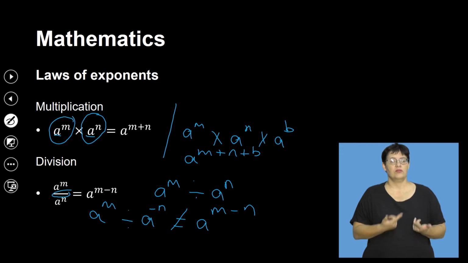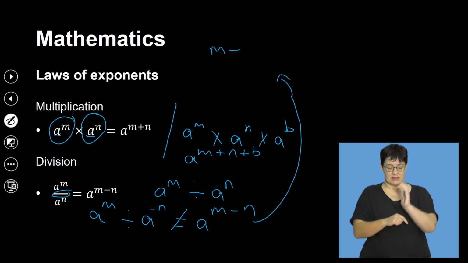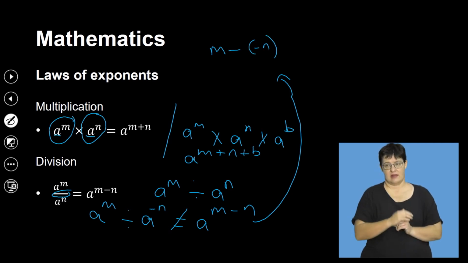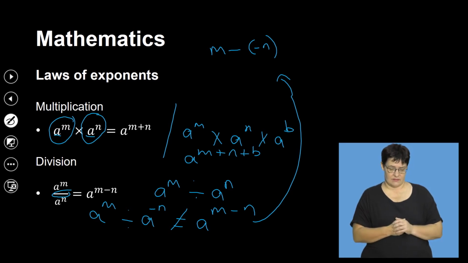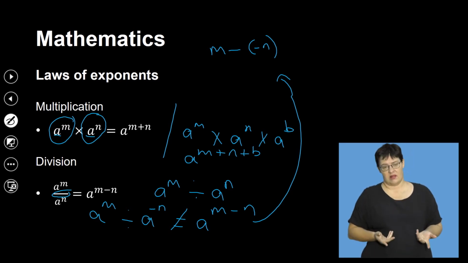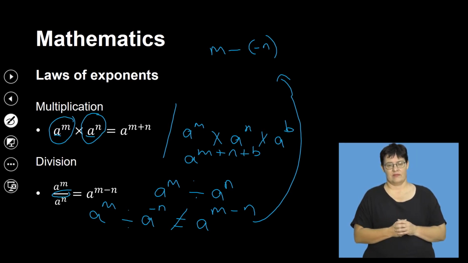So it needs to be m minus the negative n, because the n goes with its own negative. It will be more like you are adding, but in actual fact, you are subtracting a negative term, which is that exponent. So please do also pay attention to that.